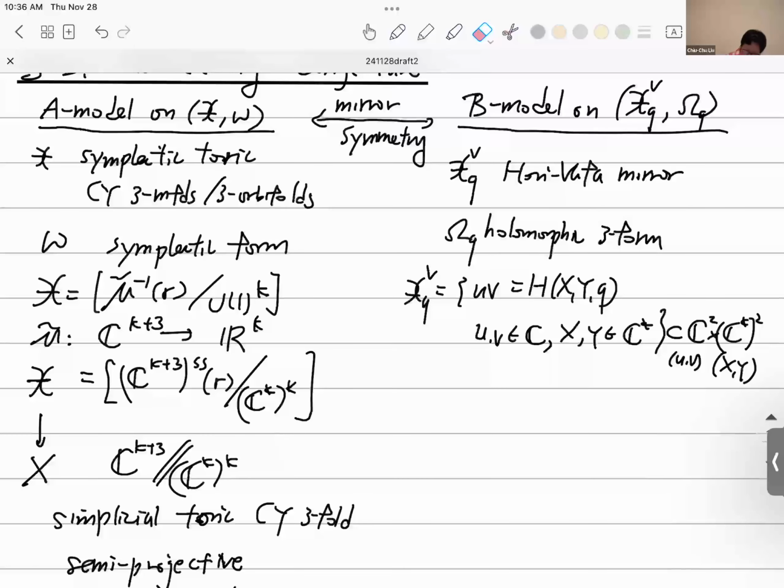Here K is the number of scalar parameters, and now q is the complex parameters.